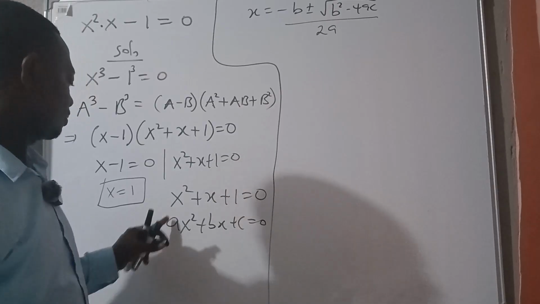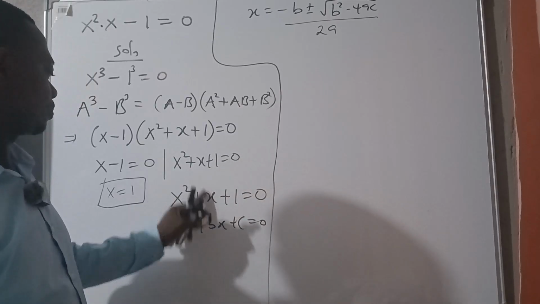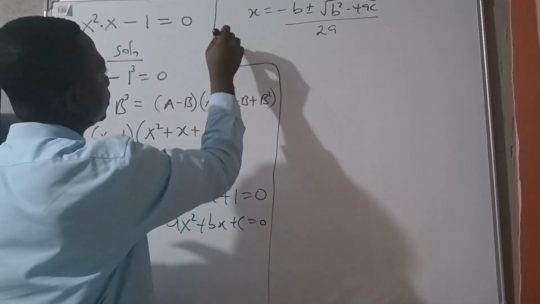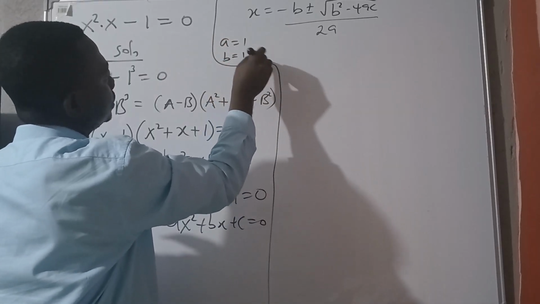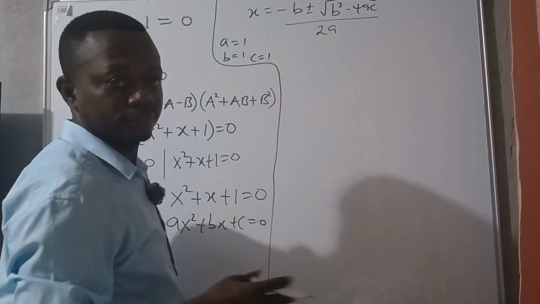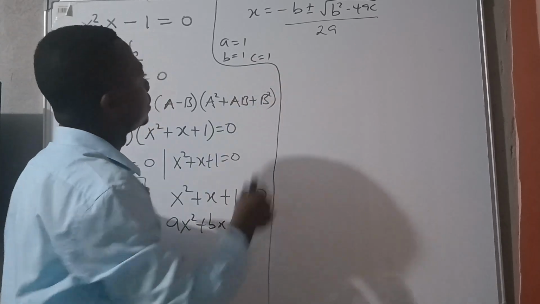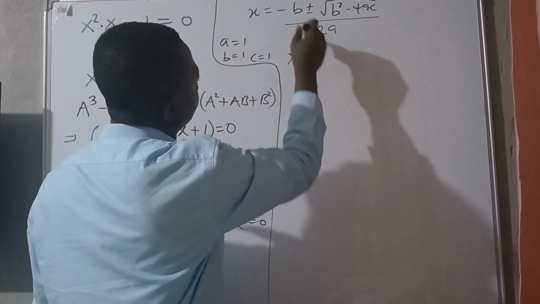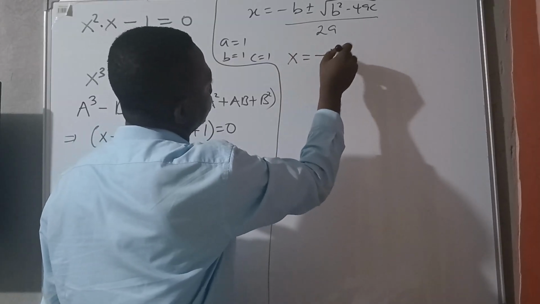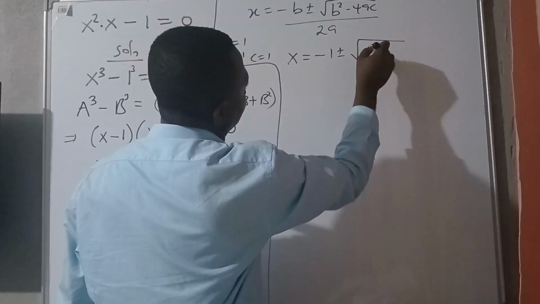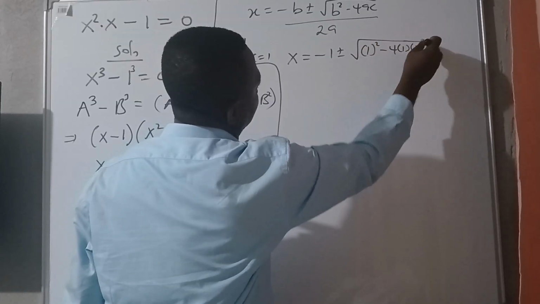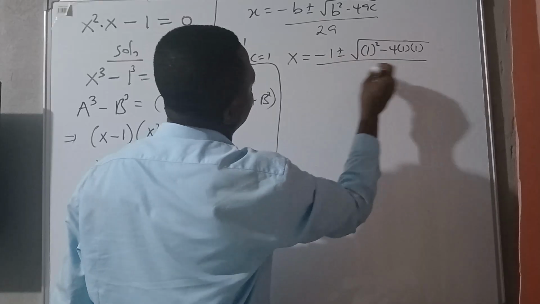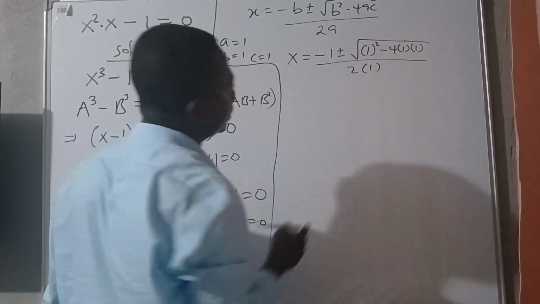So when I compare, my a is 1, b is 1, c is 1. So let's do the substitution quickly. So we have x equals minus 1 plus or minus the square root of 1 squared minus 4 times 1 times 1, on 2 times 1, everything 1.